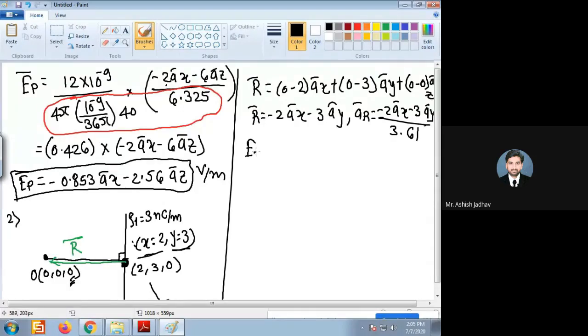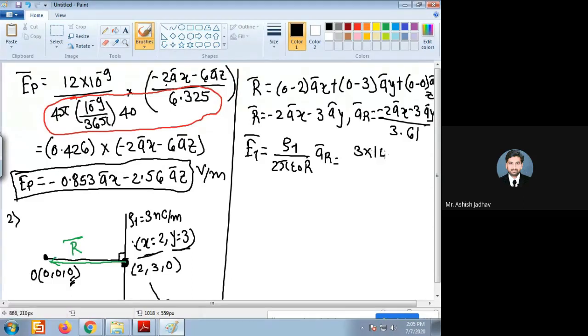That is E L bar is equal to rho L upon 2 pi epsilon naught R a bar R. What is the value of rho L? The value of rho L is 3 nanocoulomb per meter.